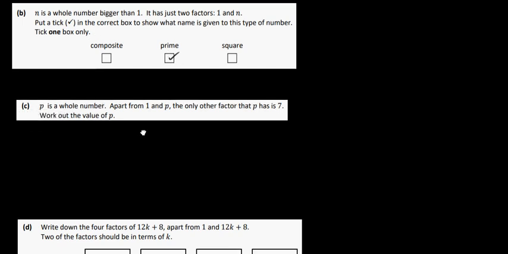So let's look at part C then. P is a whole number. Apart from 1 and P, the only other factor of P is 7. Work out the value of P. So if we take 7 for example, 7 is a prime number, but it's 1 times 7.